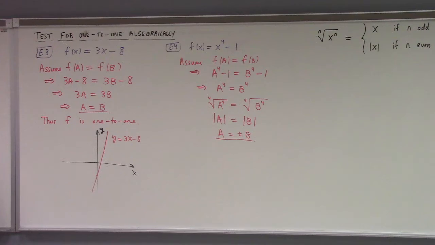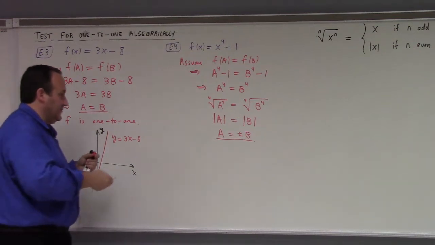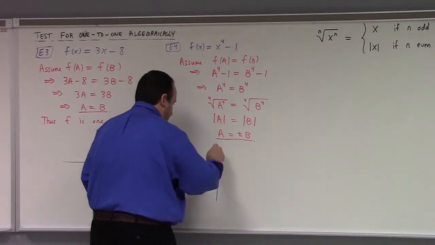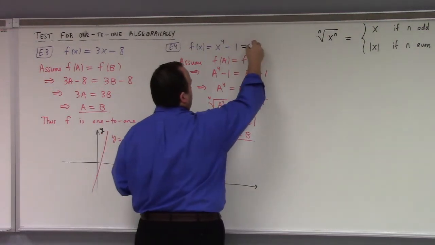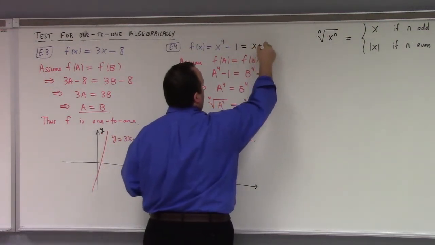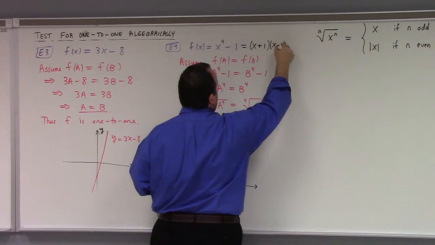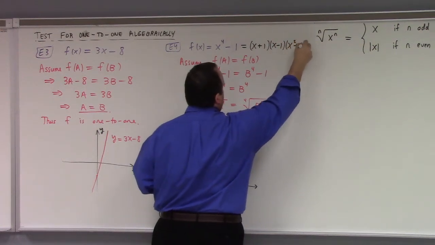Yeah. Can't you already tell that by the formula? Oh, not a parabola, but you're right. Absolutely. We could take a graphical approach here. This is equal to, if you factor it, x plus 1, x minus 1 times x squared plus 1, yeah?